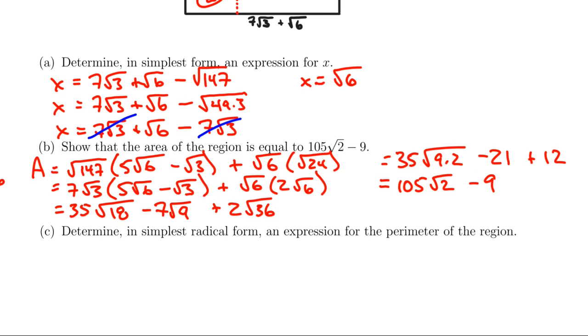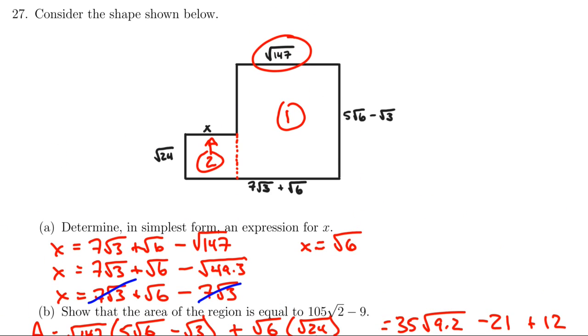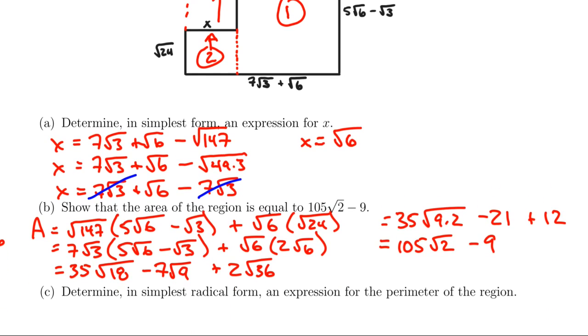Now, in simplest form, to figure out an expression for the perimeter, notice that I can take these sides and pull them over, basically to create a full rectangle. So I can be a little bit lazy here.